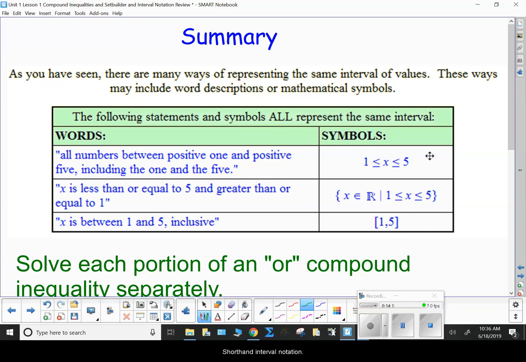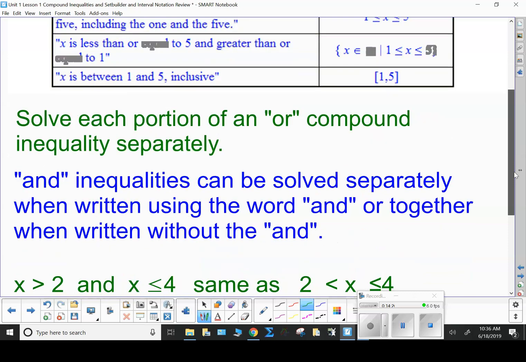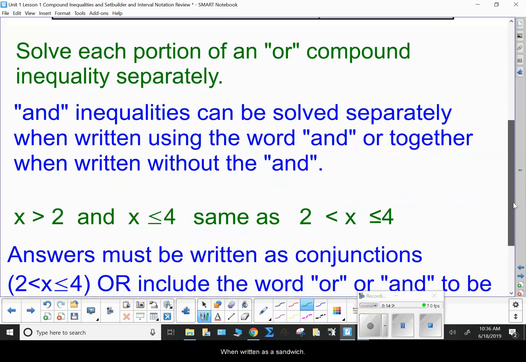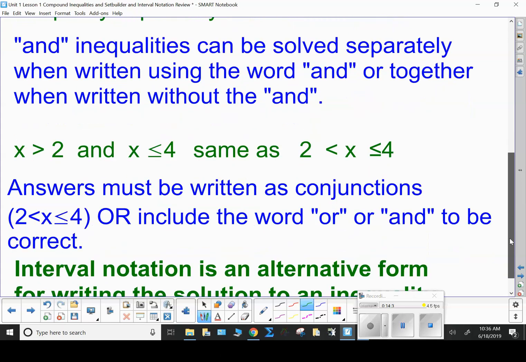Shorthand, interval notation. When you solve each portion of an or compound inequality, you solve each section separately. And inequalities can be solved separately when written using the word and, or together without the and when written as a sandwich. Okay?